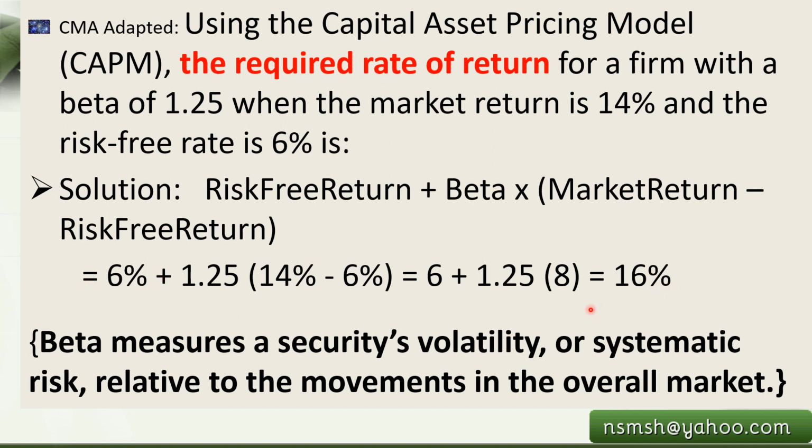That is how we calculate that. Beta measures a security's volatility or systematic risk, so that is why the beta adjustment needs to be done in order to adjust for the systematic risk relative to the movements in the overall market. So this is the market condition, and it is the volatility in the market.